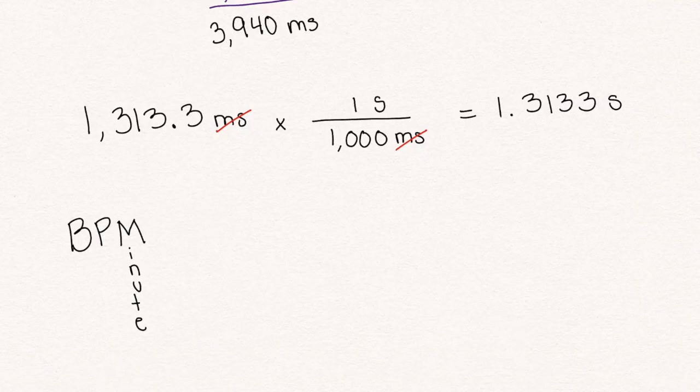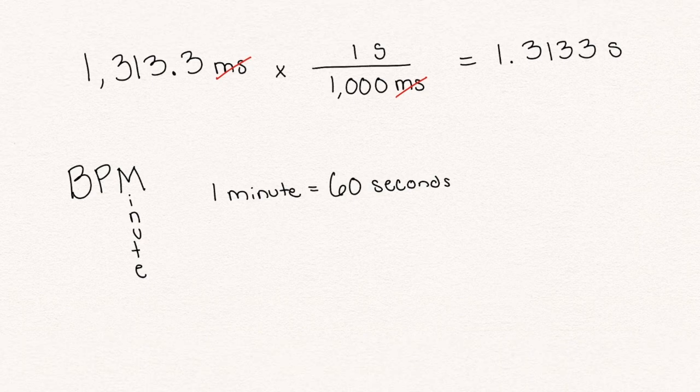We know that it takes about 1.3 seconds for the heart to beat, and we also know that 1 minute is the same as 60 seconds. So in 1 minute, or 60 seconds, we need to figure out how many times this person's heart beats.